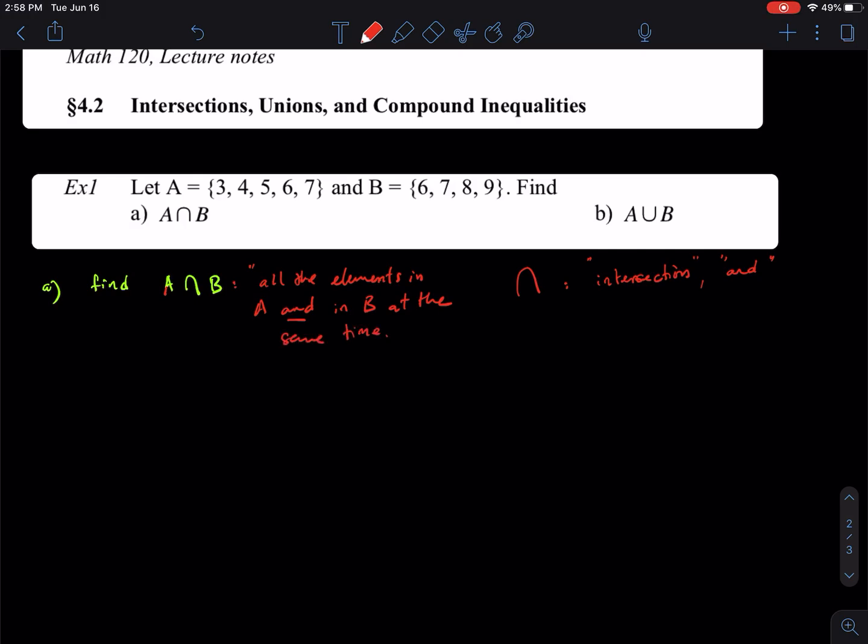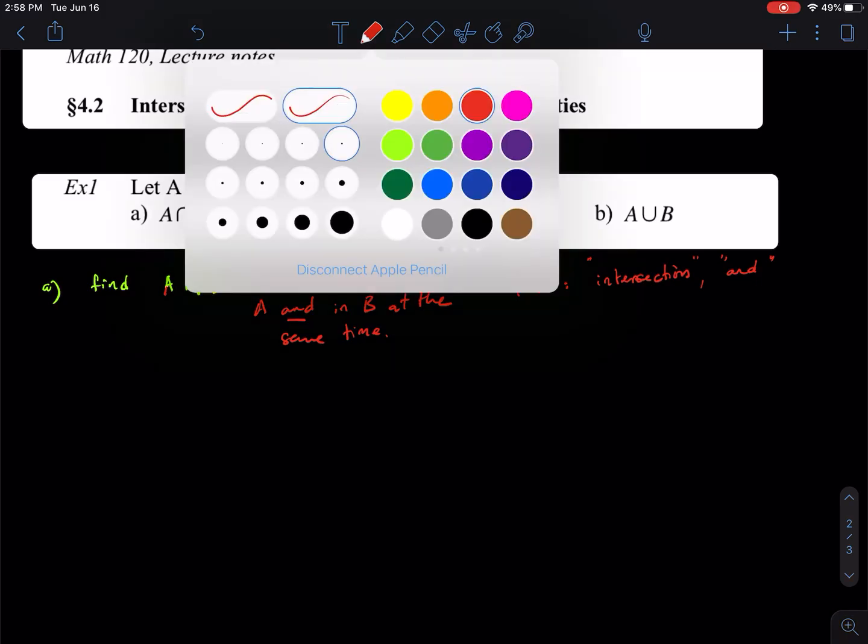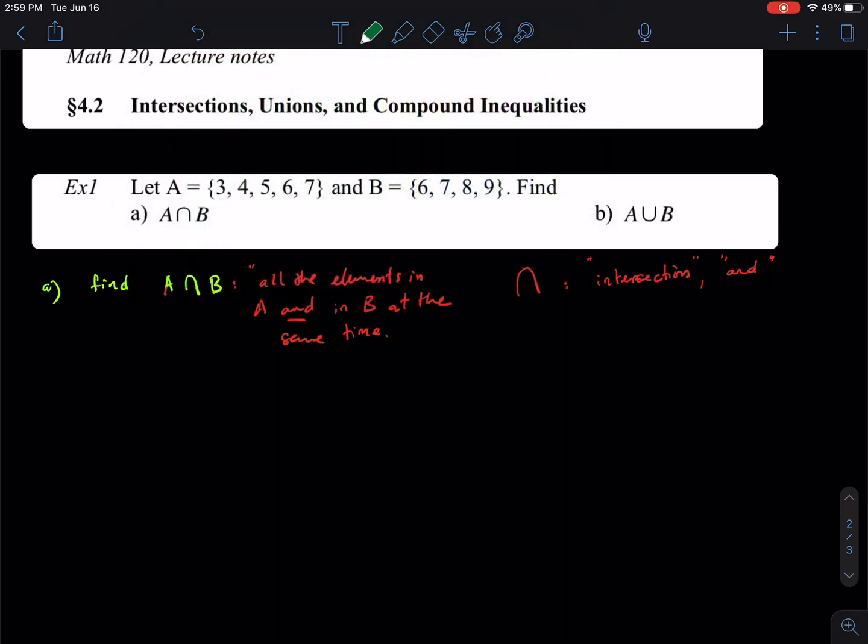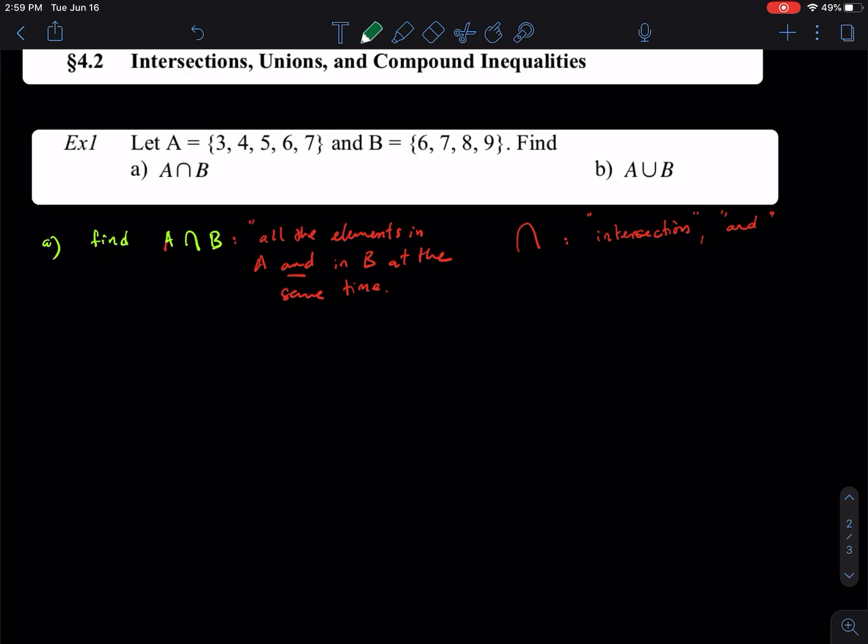Well, since these two sets have finitely many numbers within them, it's very easy to look at the two sets and pick out the common elements or common numbers of the two sets, right? So it looks like we have a 7 in both sets and then also a 6 as well. So the intersection set is 6, 7.